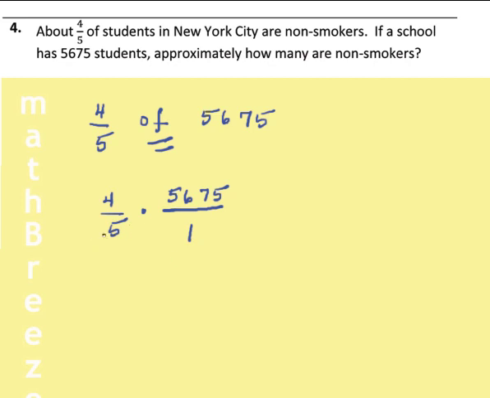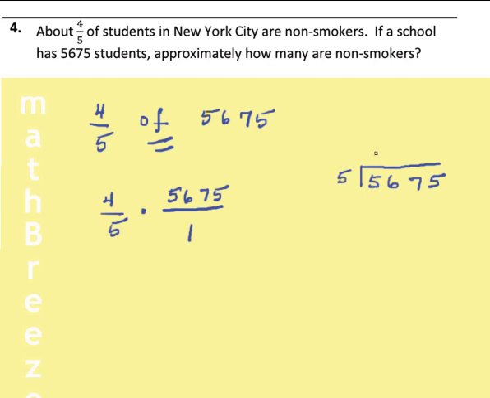So let's reduce. We can divide 5 into 5,675. Let me do this on the side, again, using short division, what I call short division. Short division is convenient when we're dividing by a one-digit number, like 5.